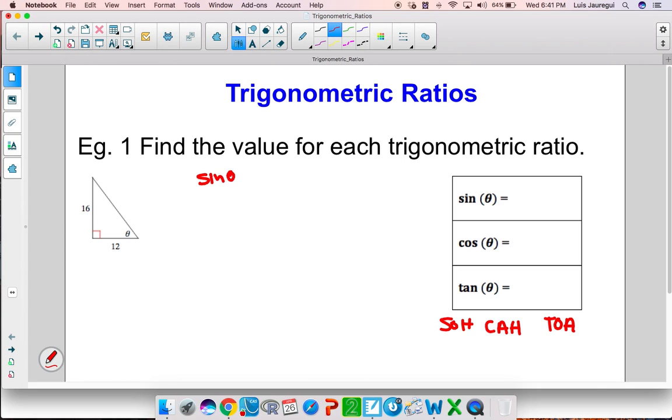Sine of theta is equal to the opposite over the hypotenuse, or the opposite leg, to be precise with our vocabulary, divided by the hypotenuse.